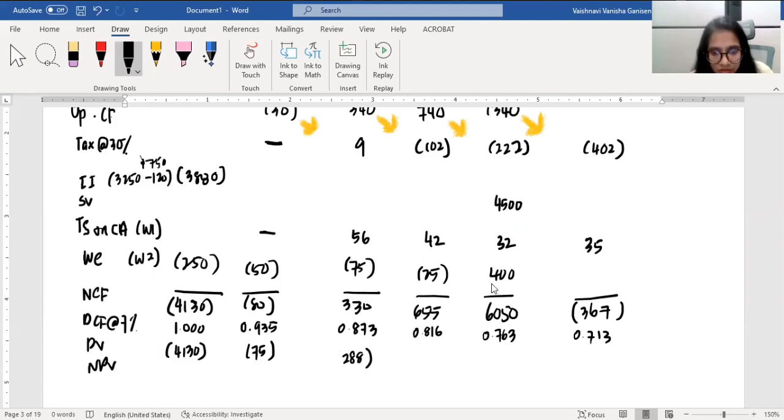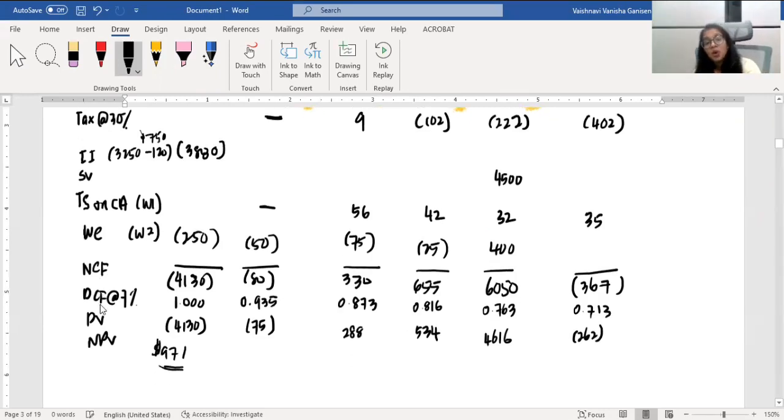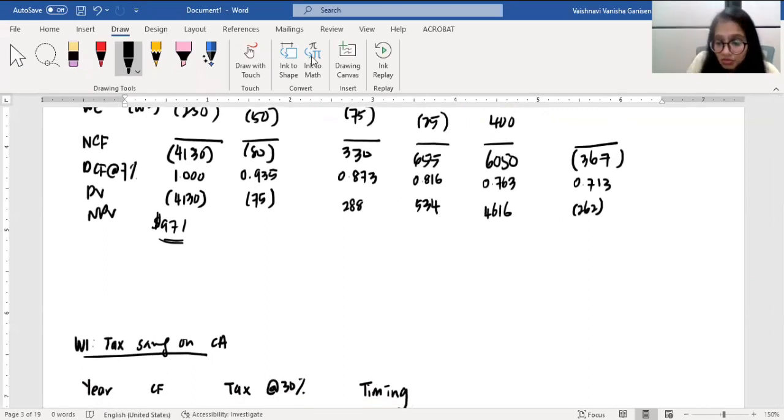This is a positive value. 534, 4616, and finally 262. Okay, if you sum everything up together, you will get your net present value of $971. It's a positive 971. Okay, I'm going to give you guys a few minutes.